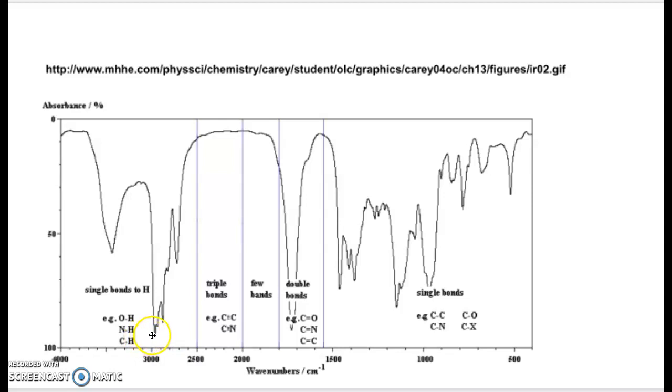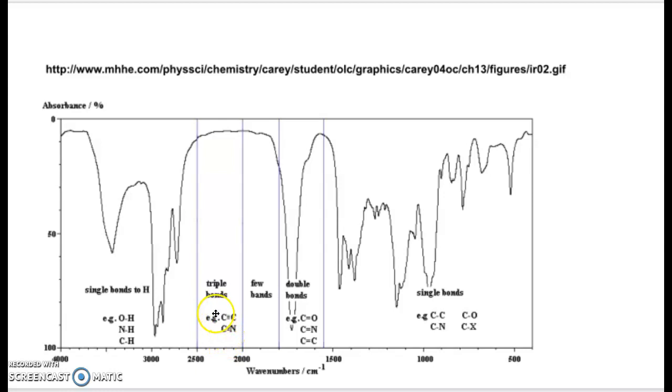The OH, NH, and CH bonds are down in this range, in the 3000 range. And these numbers are in wave numbers, which is the inverse of the wavelength, if that makes any sense. So instead of being in centimeters, which would be the wavelength, it's the inverse of that.